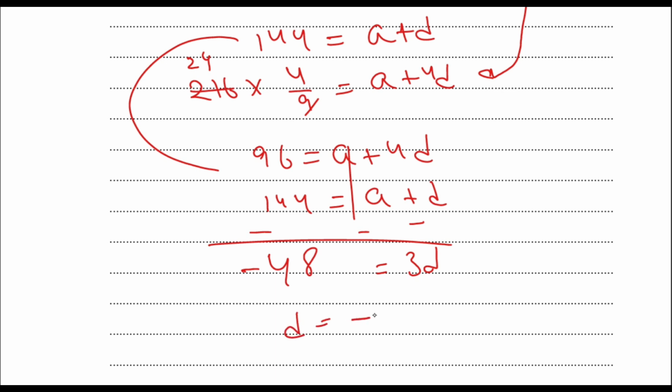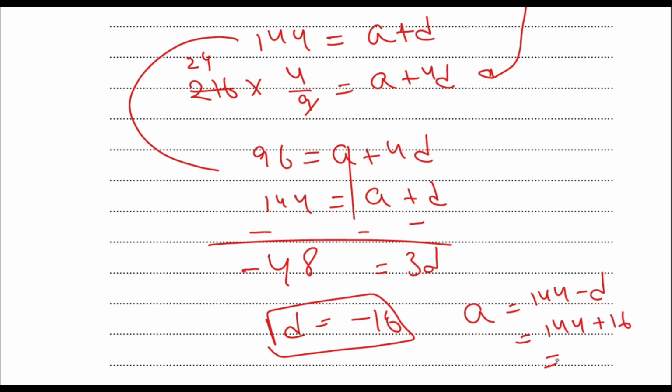So d is equal to minus 16. So we have the common difference, it's minus 16, and a was equal to 144 minus d. So it will be 144 plus 16, 160 will be equal to a.